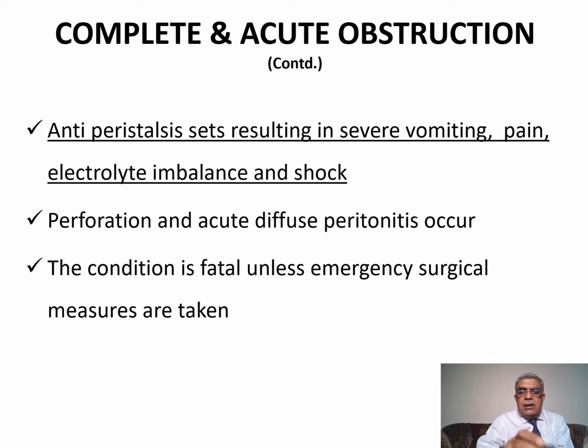As a result, it can undergo perforation and diffuse acute peritonitis can occur. This condition is fatal unless emergency surgical measures are taken.